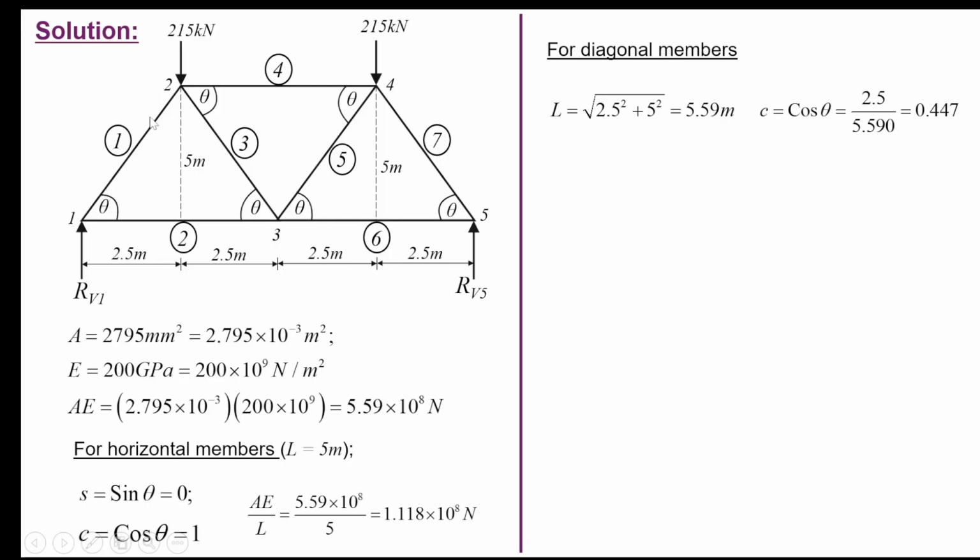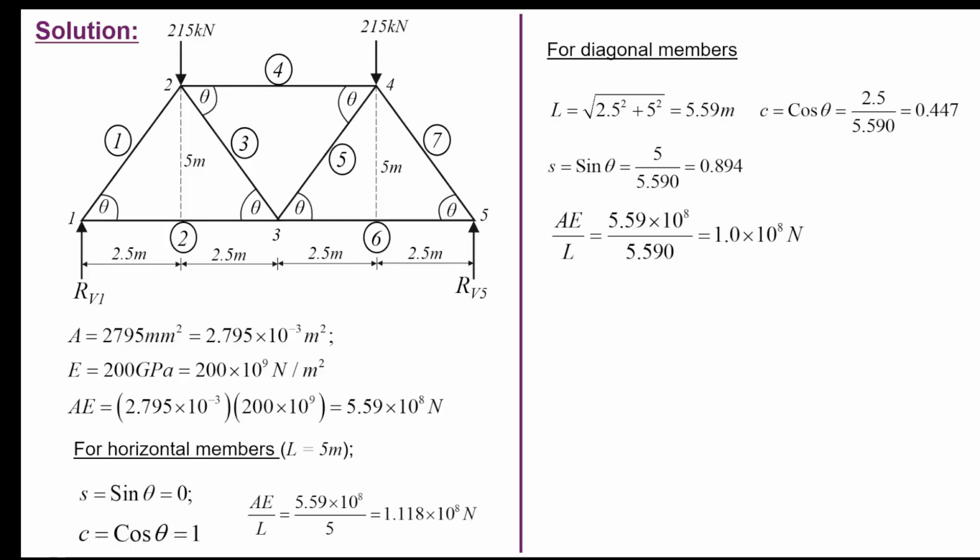This diagonal member is inclined to the horizontal by theta. Cos theta is adjacent over hypotenuse, so I have 2.5 over 5.59, which gives us 0.447. In the same way, sine theta is opposite over hypotenuse. For this theta, the opposite is 5 and the hypotenuse is 5.59, so that gives us 0.894.